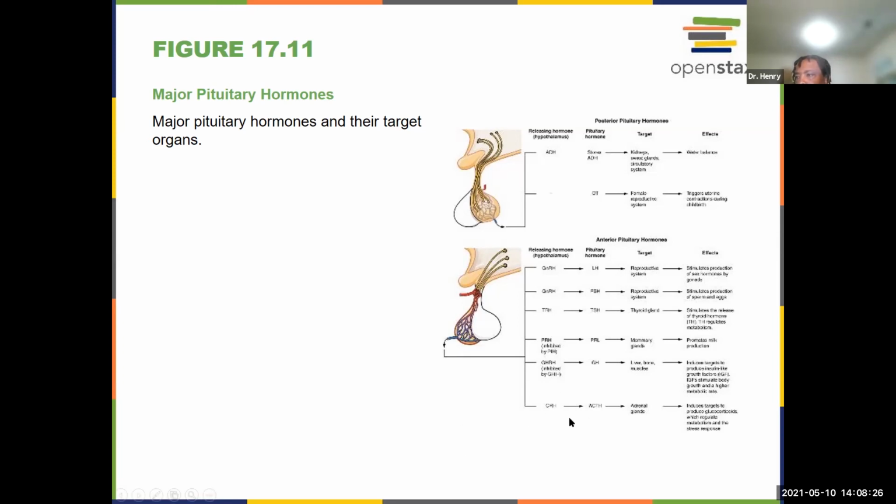And then we had mentioned CRH earlier, and that stimulates the ACTH, and then the target of that is the adrenal gland, which is going to induce targets to produce glucocorticoids, which are responsible for regulating your metabolism and your stress responses.